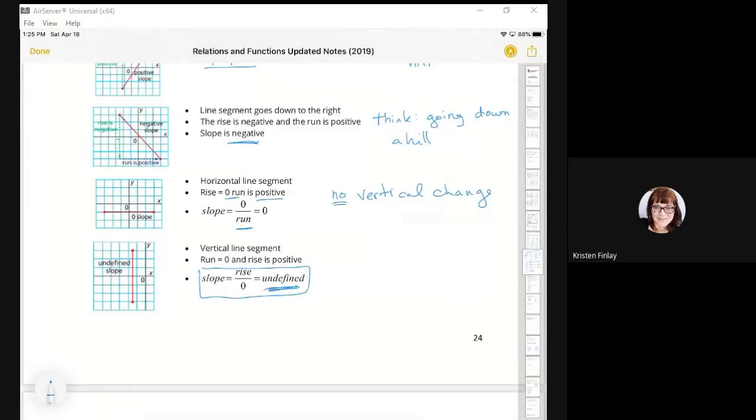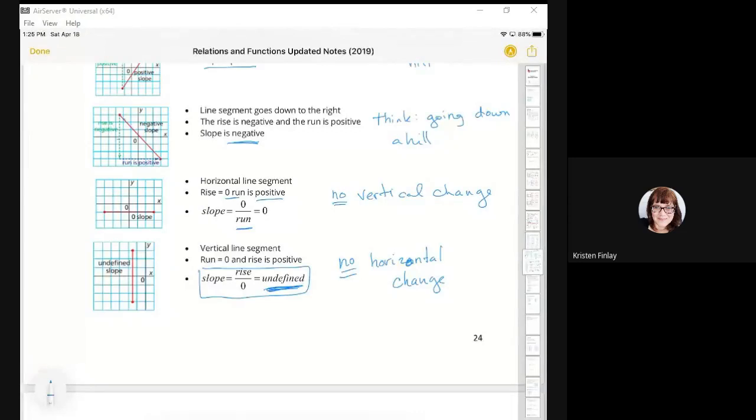So there is no horizontal change, and we have an undefined slope. And if you're ever not sure, just put it in your calculator, and you'll notice that your calculator will say error because you've got an undefined slope. Okay? But if you memorize these examples of slopes, you should be pretty good.